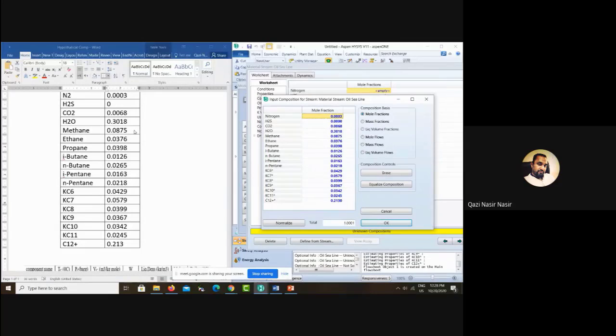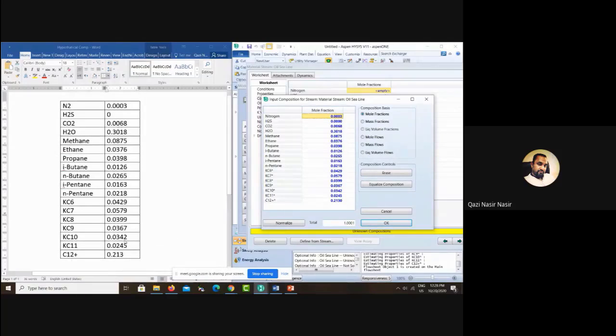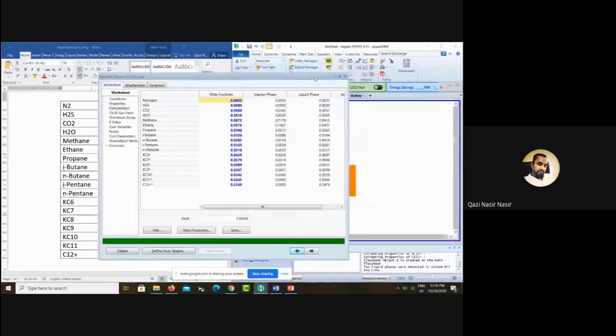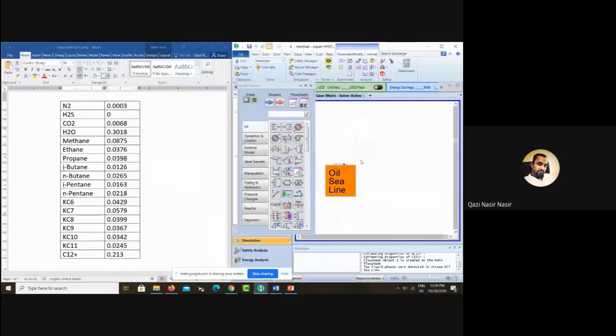Okay, so if you type in the Word file, you can copy all this composition and paste it here. Fine. If it is coming above 1, then you need to normalize it, make it 1. Okay, and then press OK. If you do it correctly, then your stream will be converged.